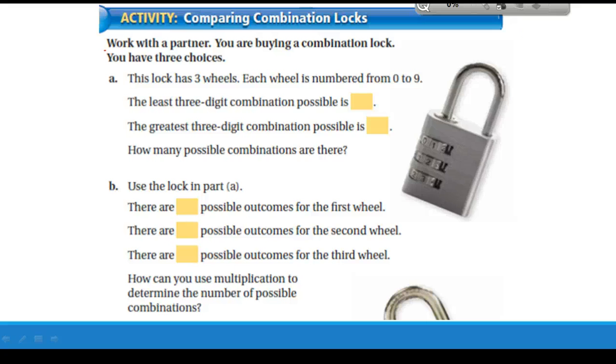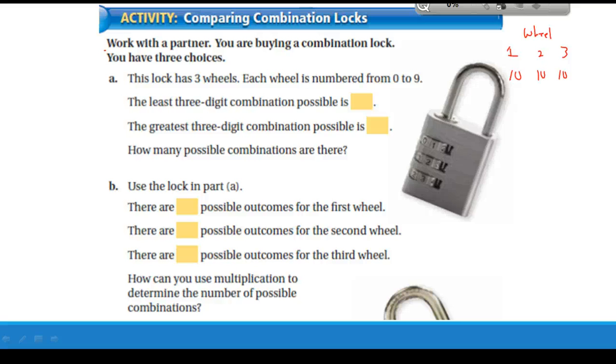Okay, so we have the wheels. We have wheel 1, 2, and 3. So there's 10, 10, and 10. Okay. So the least 3-digit combination possible, what they're saying is what they'd add up to, and it would be 0, 0, 0, right?